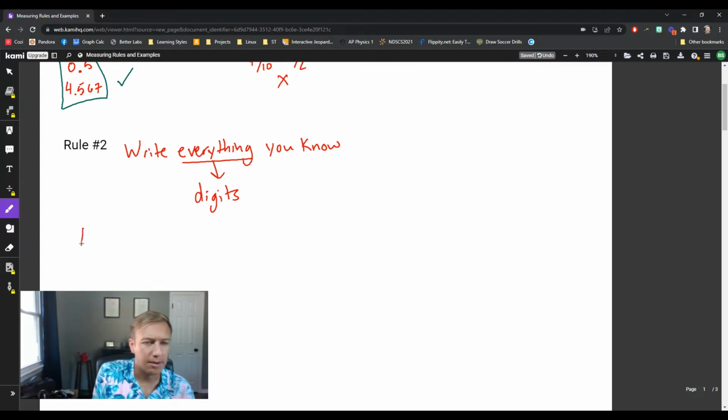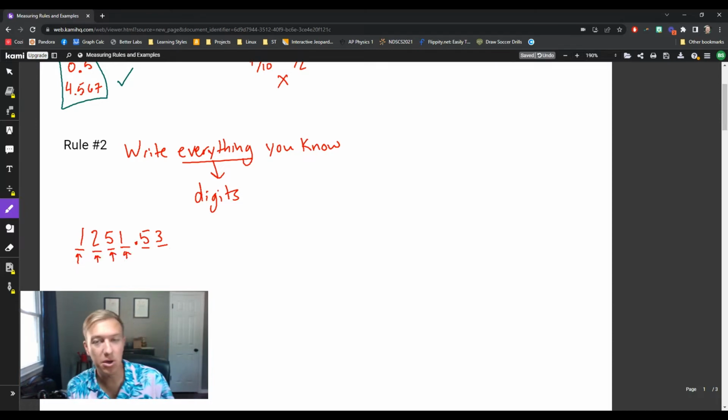For example, the number 1,251 has a digit in the thousands place, a digit in the hundreds place, a digit in the tens place, and a digit in the ones place. I could add on here and say maybe 1,251.53. Now I have a digit in the tenths and the hundredths place. So these places here represent a digit. So we write as many digits as we know.